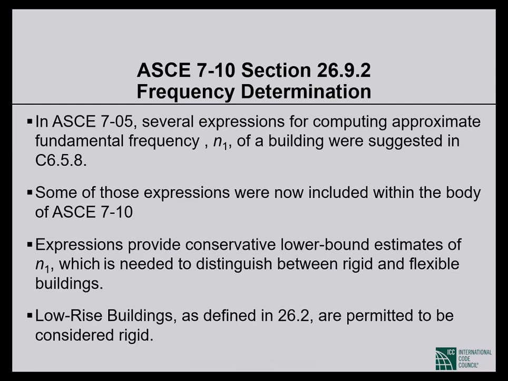So I have given you quite a bit of material here, which, looking at the watch, I will skip. So from this point on, where I say ASCE 7 section 26.9.2, I'm giving you material out of ASCE 7, which will enable you to calculate the fundamental natural frequency or the fundamental period. I hope the material is self-explanatory.